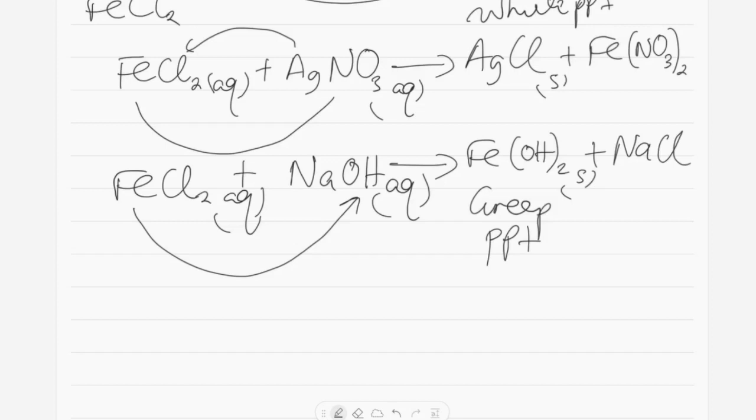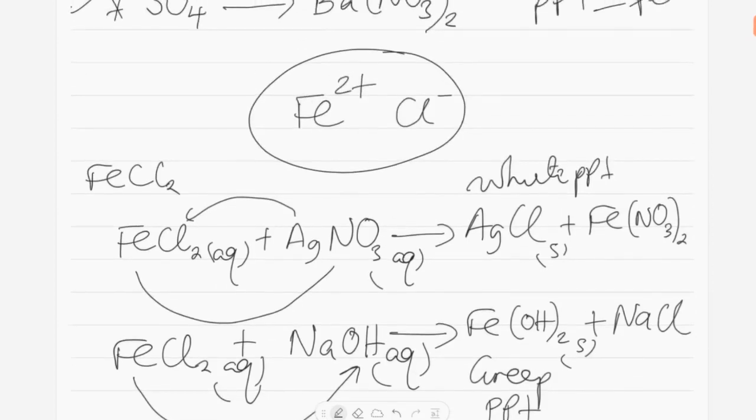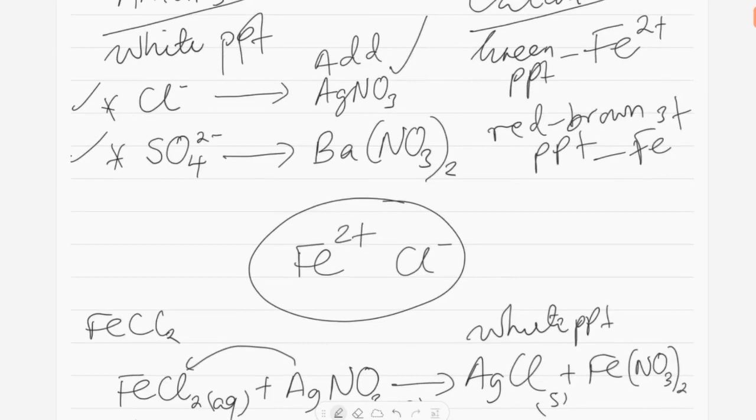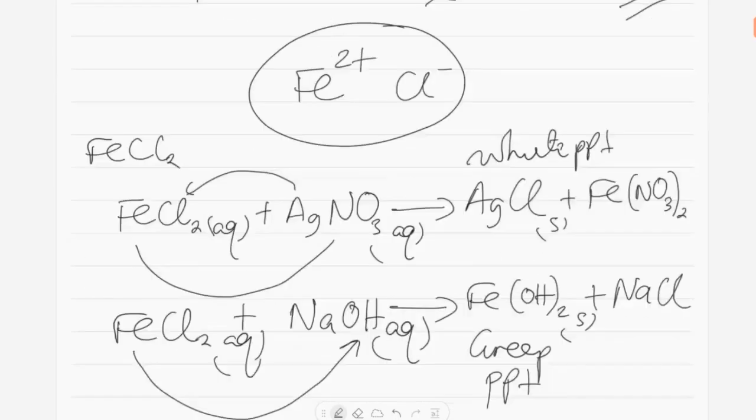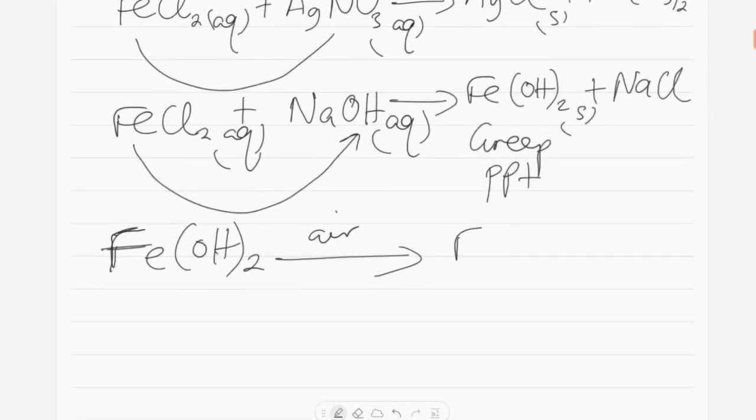Also, we're told here further to say this iron 2 hydroxide, if exposed to more air, forms a red-brown PPT. The one that gives us a red-brown PPT in this case is iron 3. So I'm going to form iron 3 hydroxide.